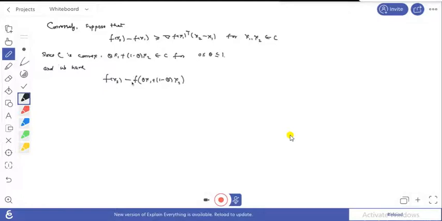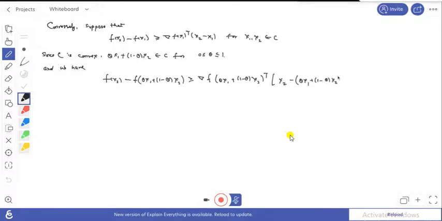So f(x2) minus f(x), for any x which belongs to C, is greater than or equal to the gradient at this point. The gradient is of f at theta x1 plus (1 minus theta) x2, transpose, times (x2 minus x1). This means x2 minus that point, so x2 minus (theta x1 plus (1 minus theta) x2).